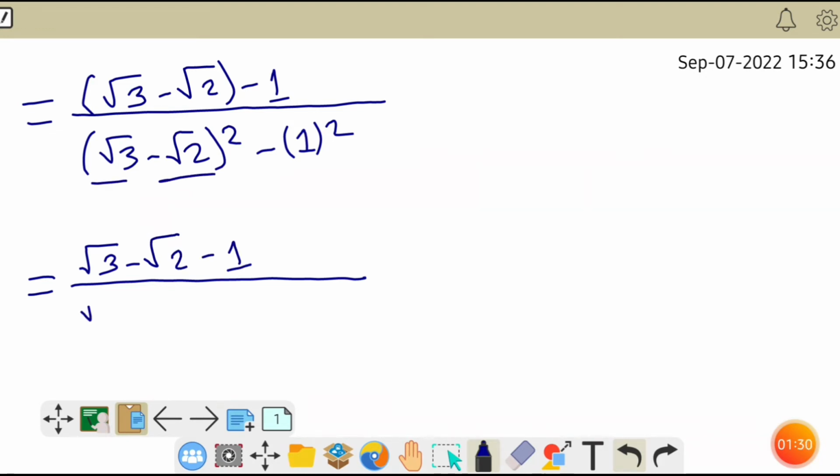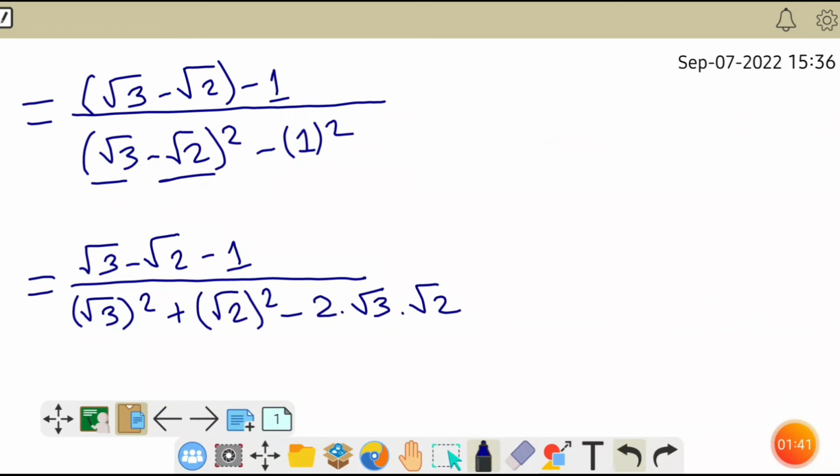and here again we have (a minus b) whole square, that is a square plus b square minus 2 into a, b, and then minus 1.